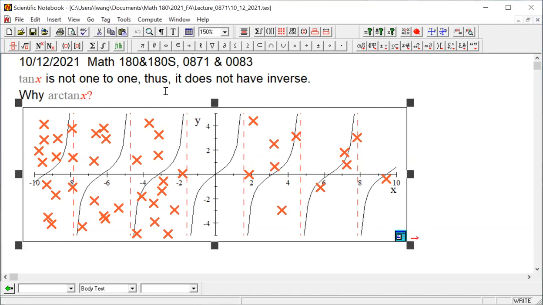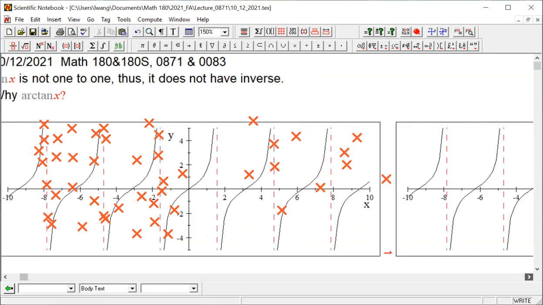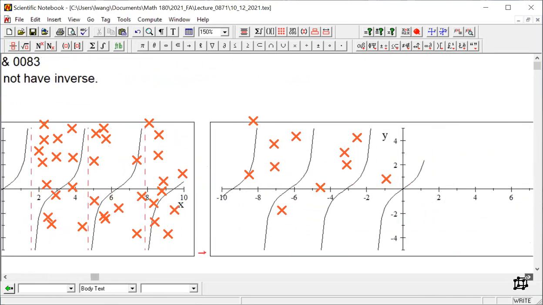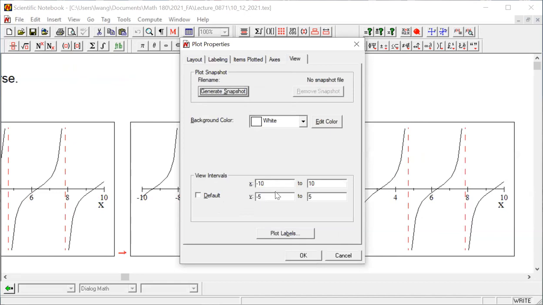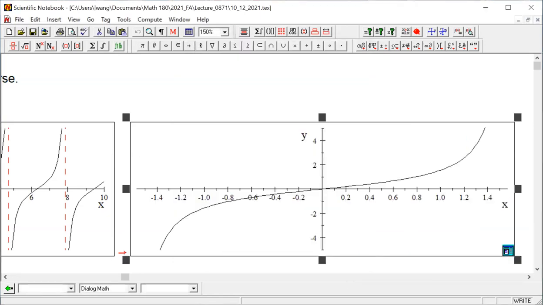I'm getting a new picture. But how do I show you the new picture? I will adjust the view. So how do I adjust the view? Approximately.